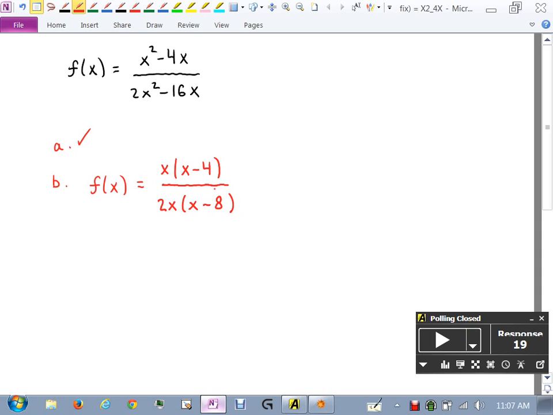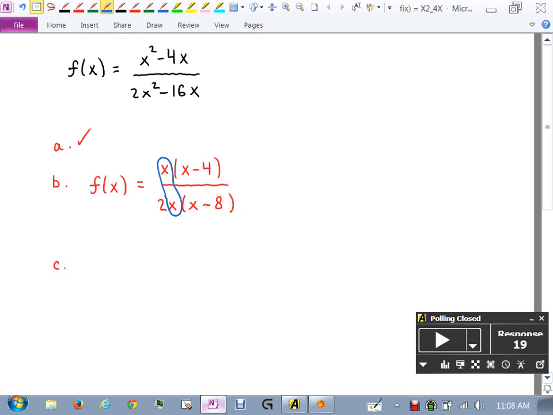Now, in part C, it says, look for common factors. If you have them, cancel them out, but remember that you will have a hole at the x value which makes that factor 0. If you had more than one, you say those factors. So do we have common factors here? X over x is 1, isn't it? Right? As long as x is not what? 0.